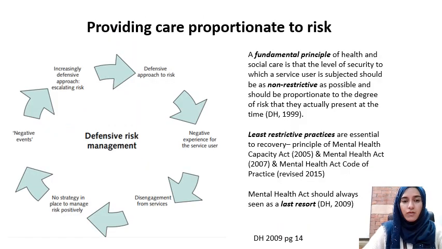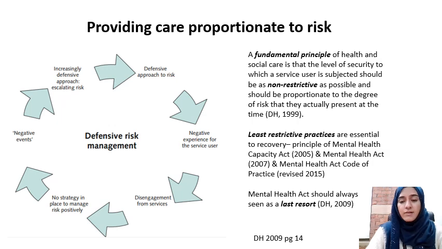Next, let's move forward to risk management. Risk management is again very important in a health and social care setting. A fundamental principle of health and social care is that the level of security a service user is subjected to should be as non-restrictive as possible, and proportionate to the degree of risk they present at the time.